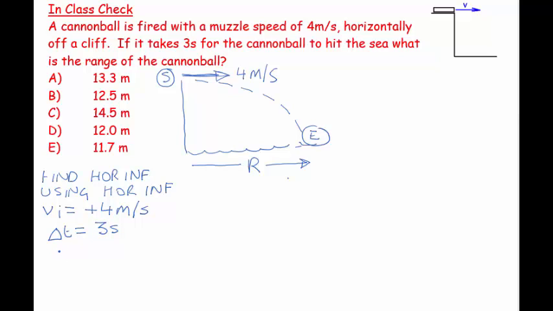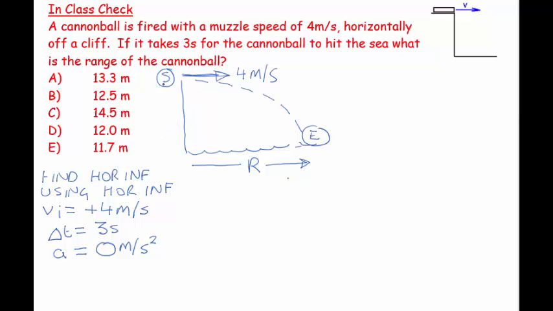And I know that my acceleration in the horizontal direction is 0 meters per second squared. Now, sometimes people put down minus 10 meters per second squared because they get used to associating minus 10 with acceleration.